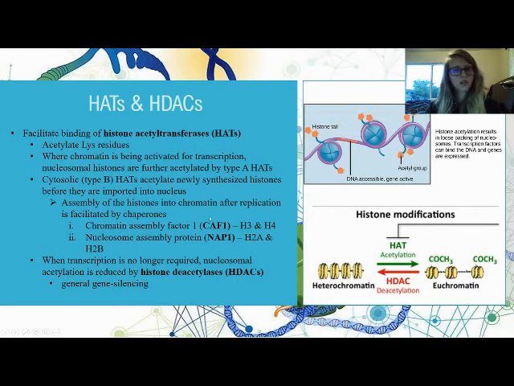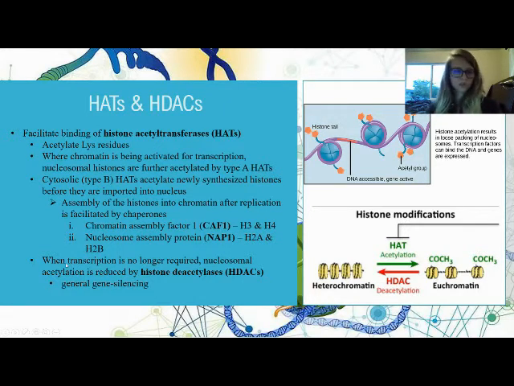And the assembly of histones into chromatin after replication is facilitated by chaperones. The chromatin assembly factor 1, or CAF1, assembles H3 and H4, and the nucleosome assembly protein NAP1 assembles H2A and H2B.